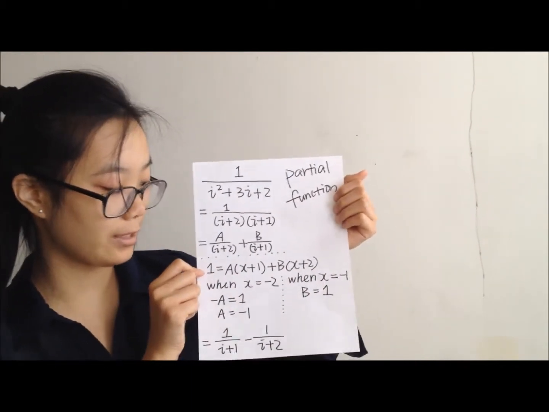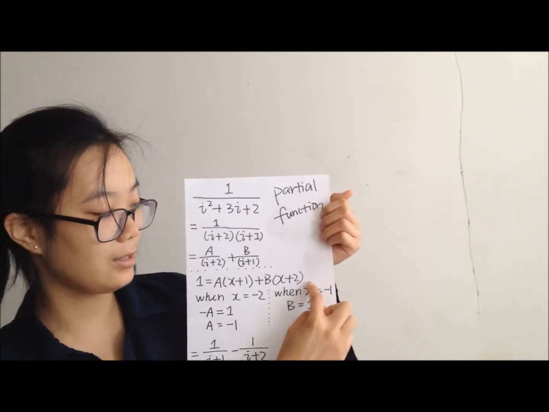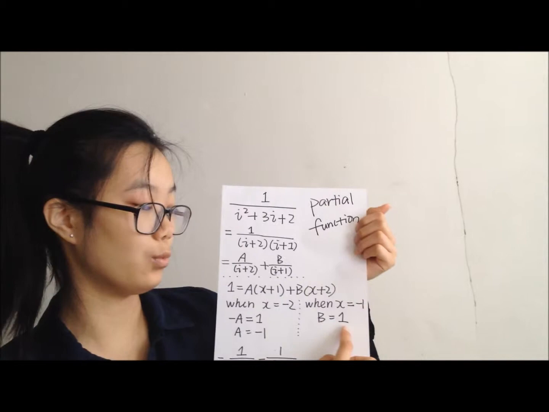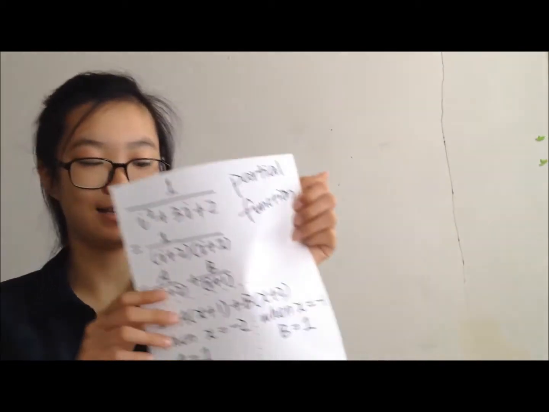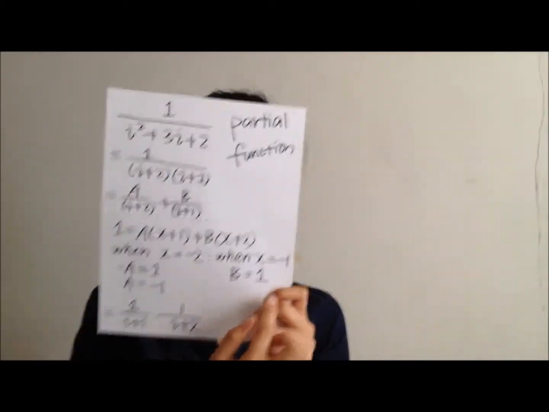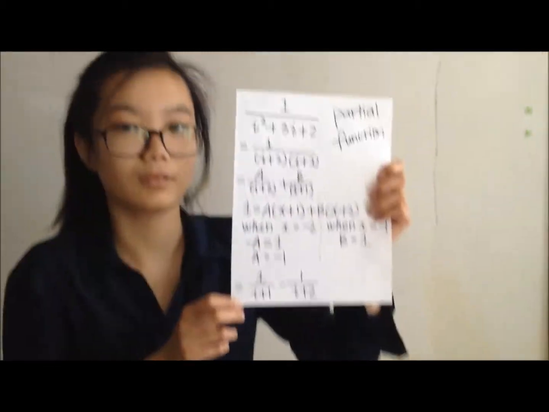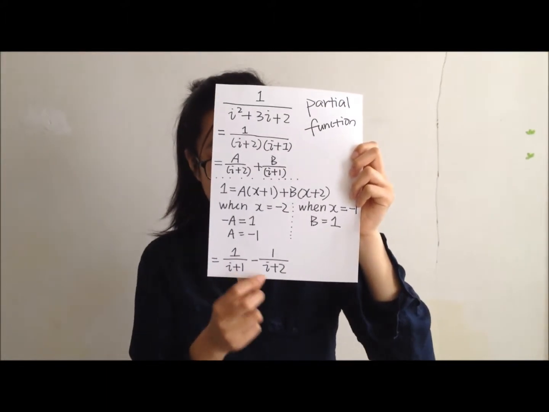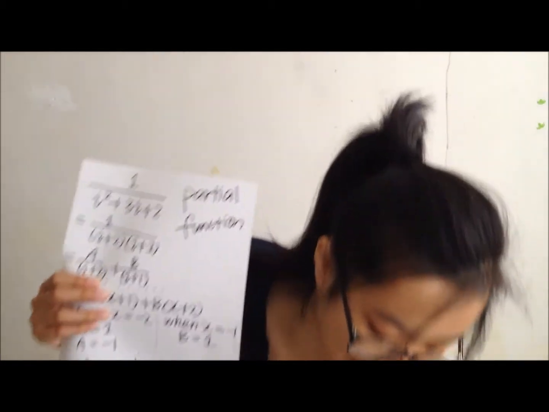So when x equal to -1, this one will be 0, and then we will get B equal to 1. So that is basically how we find A and B. So we just plug in -1 and 1. So we can see 1 over i plus 1 minus 1 over i plus 2. This is the partial fraction we can find.